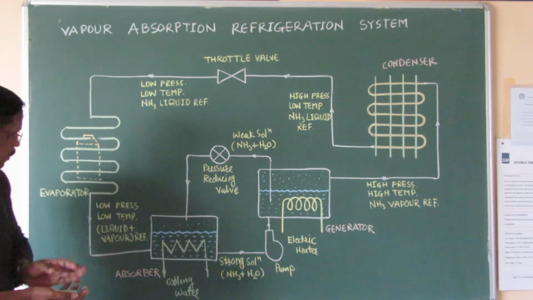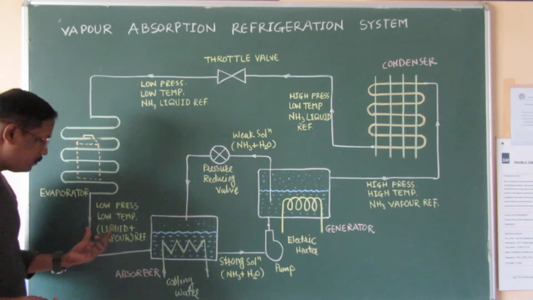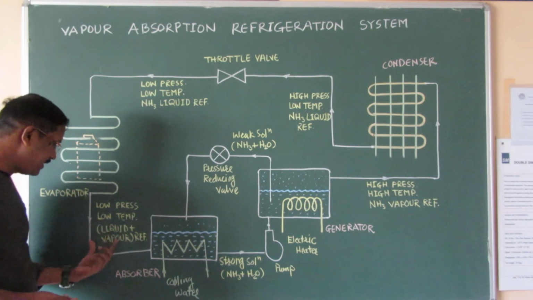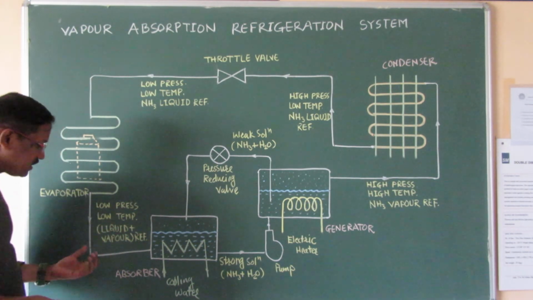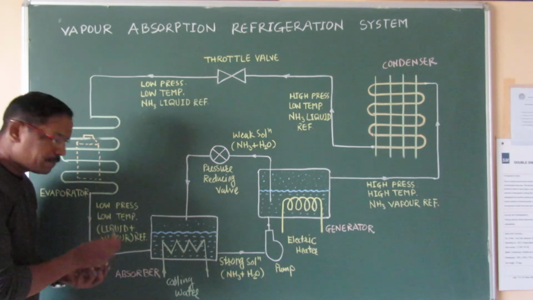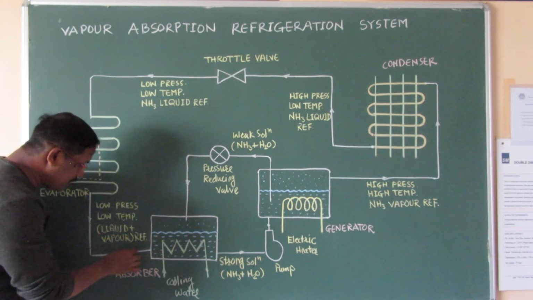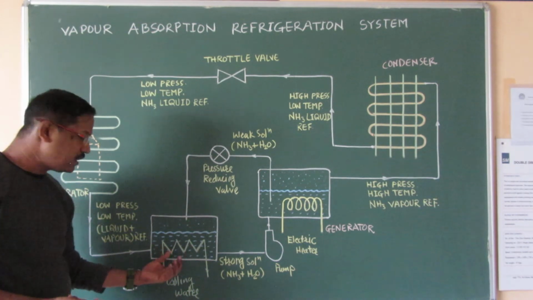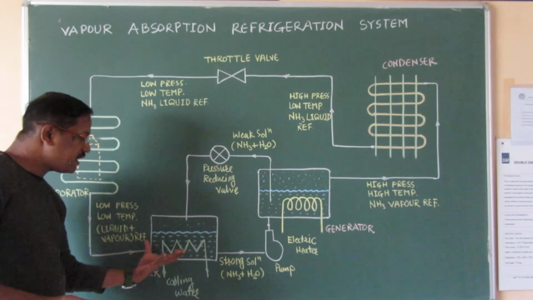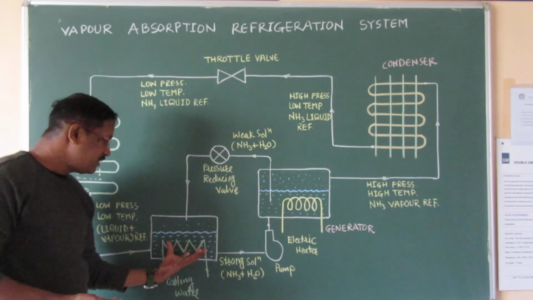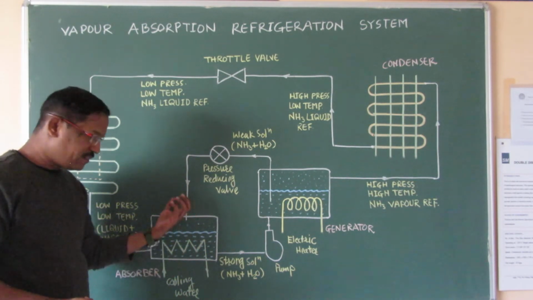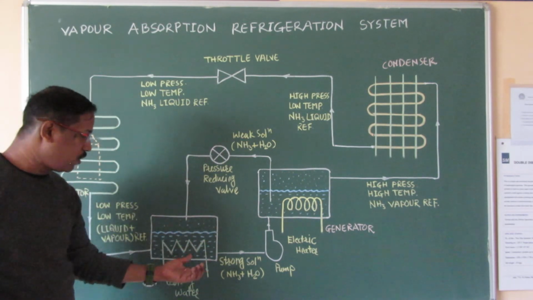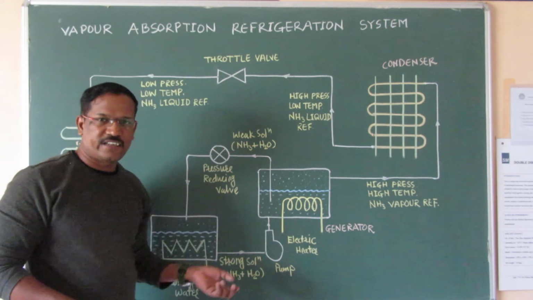So now this ammonia refrigerant, low pressure, low temperature and a mixture of liquid and vapor form, is supplied to the absorber. Now the absorber has a weak solution of ammonia and water. So this ammonia gets absorbed in this solution and this solution becomes concentrated, that is a strong solution. Once it becomes sufficiently strong, then it will be supplied to the generator.